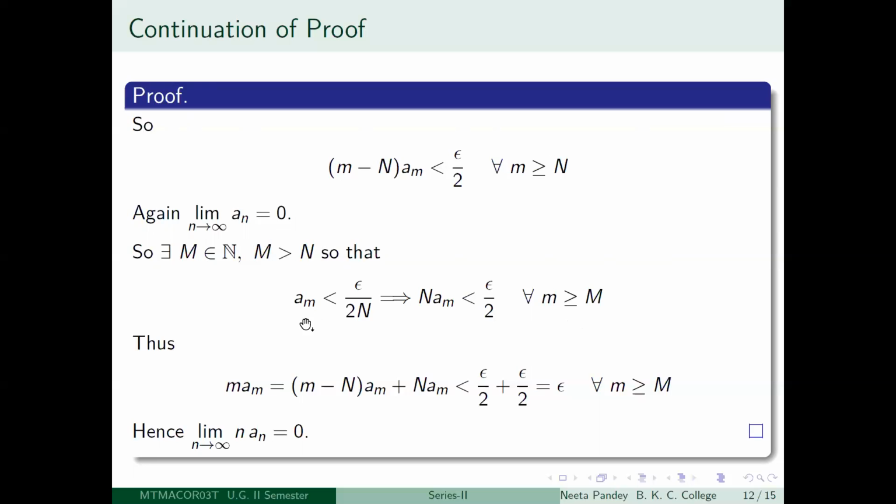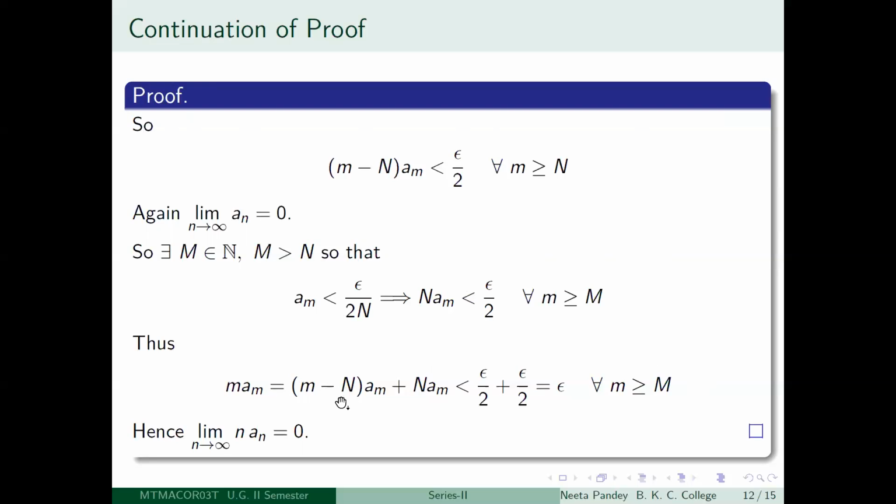Okay. And what is this inequality? This is just capital N times little am is less than epsilon by 2. That is just obvious, right? So then if you take your little m to be greater than or equal to capital M, what do you get from here? You get mam is equal to (m minus capital N) am plus capital N am. No problems with that.